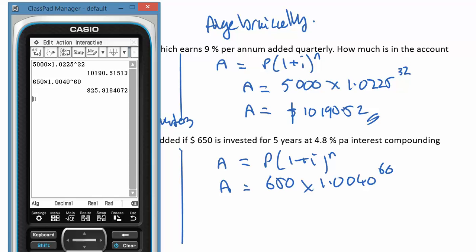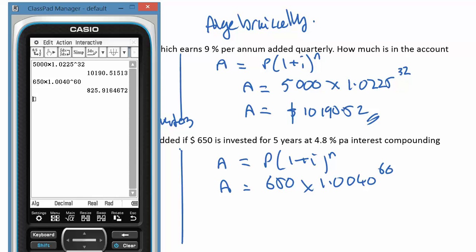So on the main screen of the calculator, 650 times 1.0040 raised to the power of 60 will give me $825.92. Now please note that includes the 650.